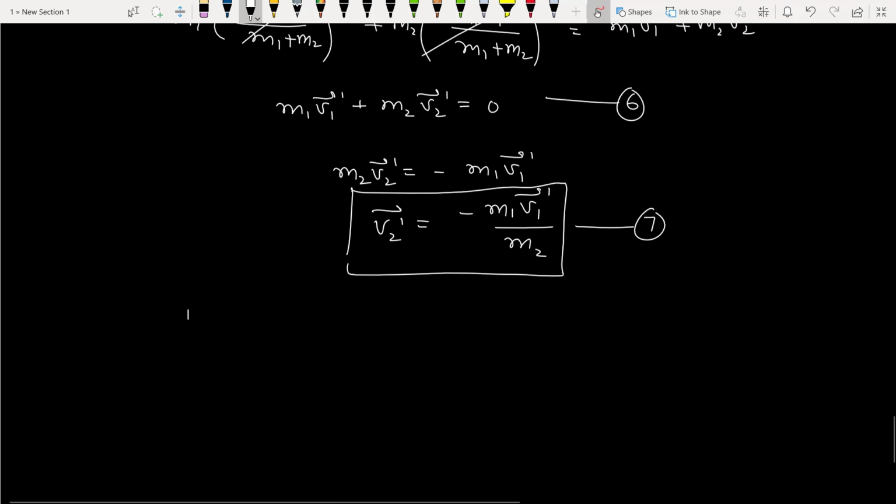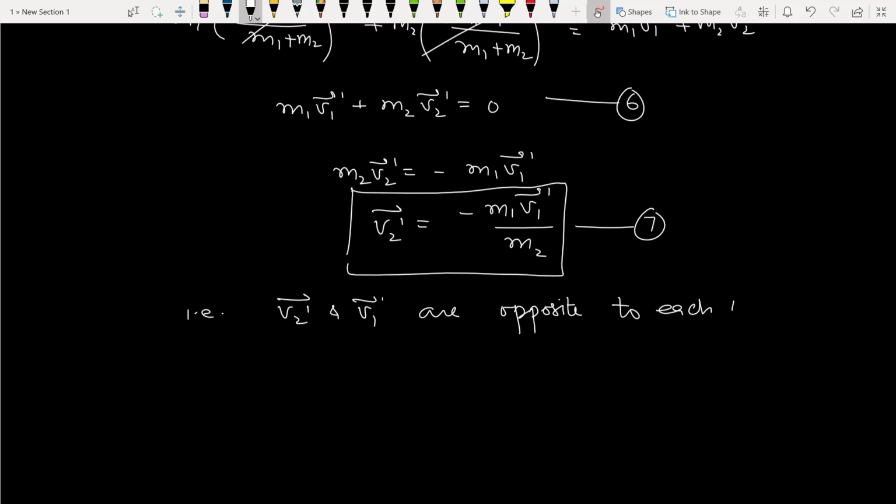So v2 dash and v1 dash are opposite to each other. So in magnitude, v2 dash will be m1 v1 dash divided by m2. So we mark this as equation number 8.